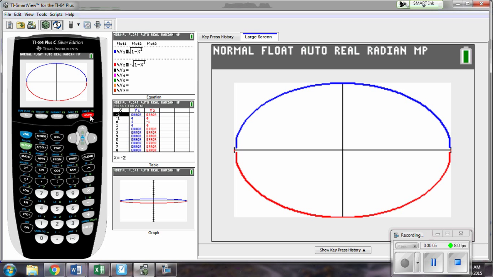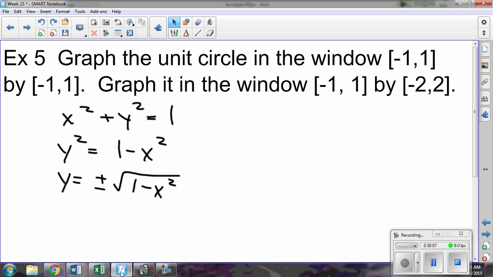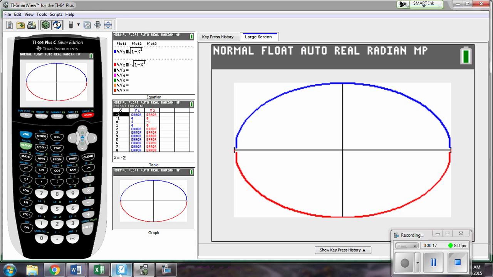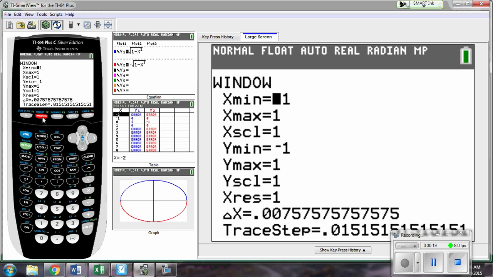Consider the next stage. Here's our circle. And now we want to graph it in the window -1 to 1 for the x's by -2 to 2 on the y's. So we'll go and change the window. And please consider the effect. When we switch it from -2 to 2, what's going to happen to the picture?